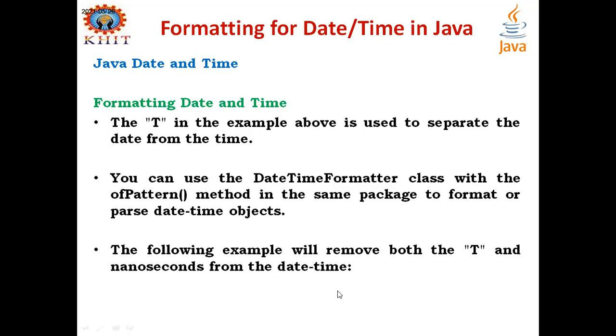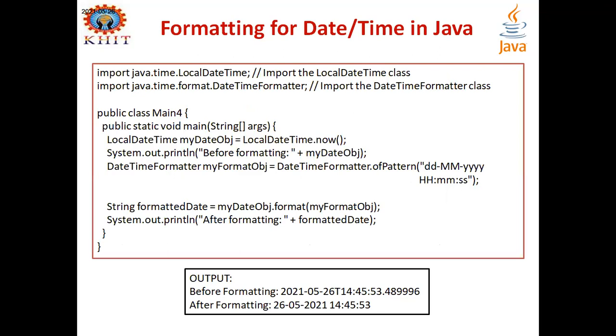So for your clear understanding, take this simple example for formatting date and time. Here, import java.time.LocalDateTime for displaying both date and time of the current date. Import java.time.format.DateTimeFormatter. This is to set my format for displaying the date and time on the screen.